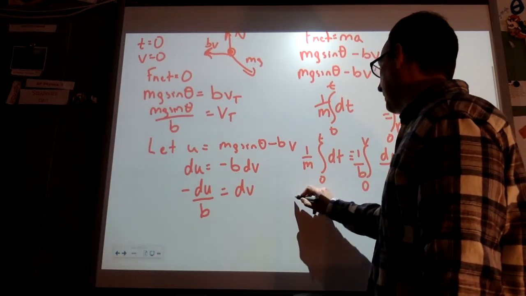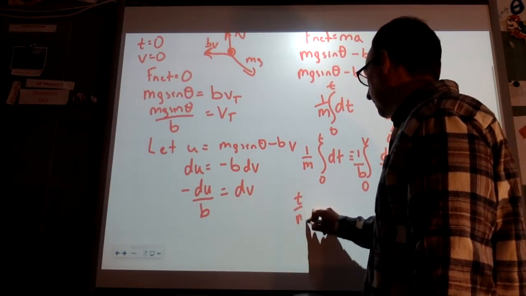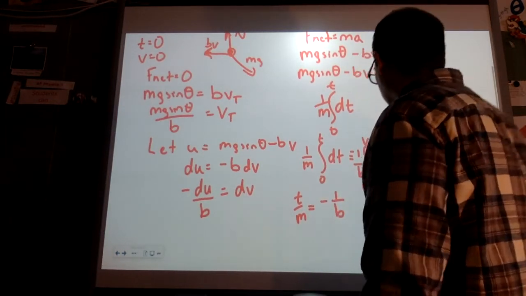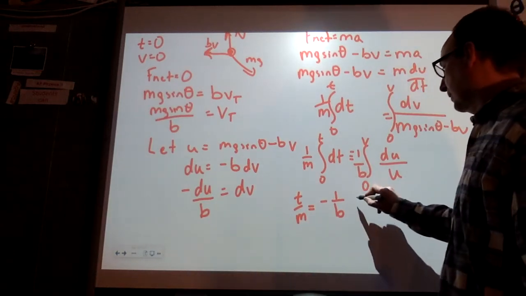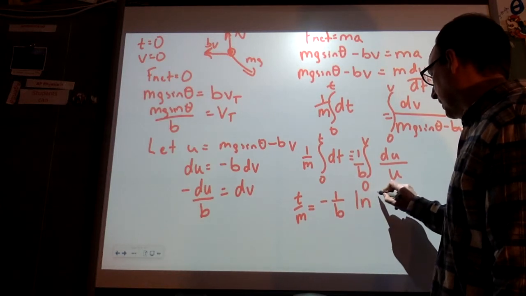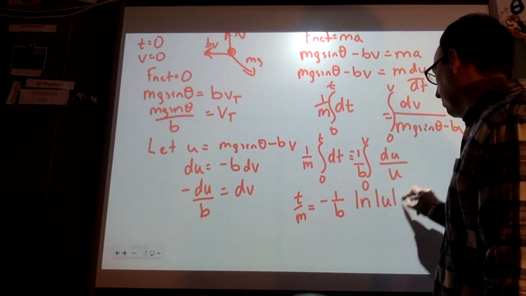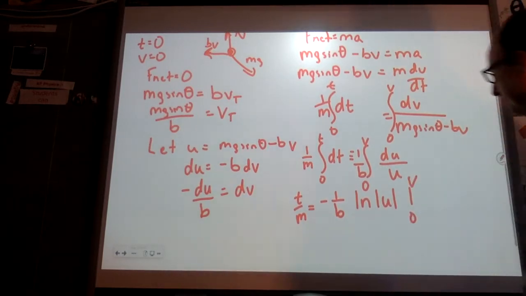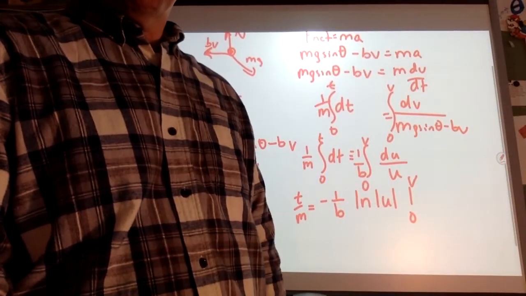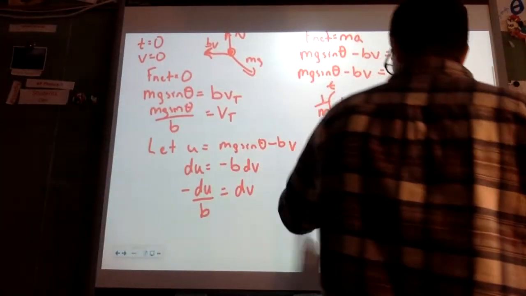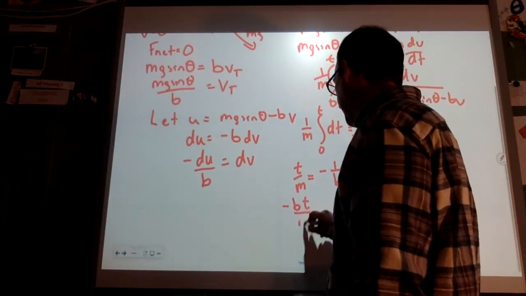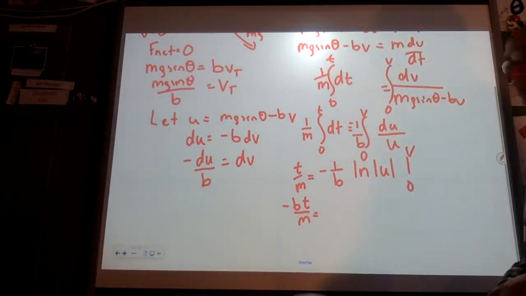So I'm going to get t over m equals negative 1 over b natural log of u from 0 to v. So I think I'll get this over to the other side too, just to make my life easier. So I'm going to have minus bt over m on this side.